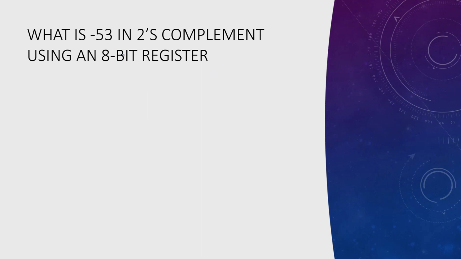Alright, what is negative 53 in 2's complement? So plus 53 is 32 plus 16, we are at 48, plus 4 plus 1. So this is 2 to the 5 plus 2 to the 4 plus 2 to the 2 plus 2 to the 0. And we want to use an 8-bit register. 1, 2, 3, 4, 5, 6, 7, and 8. 2 to the 0, 2 to the 2, 2 to the 4, and 2 to the 5.